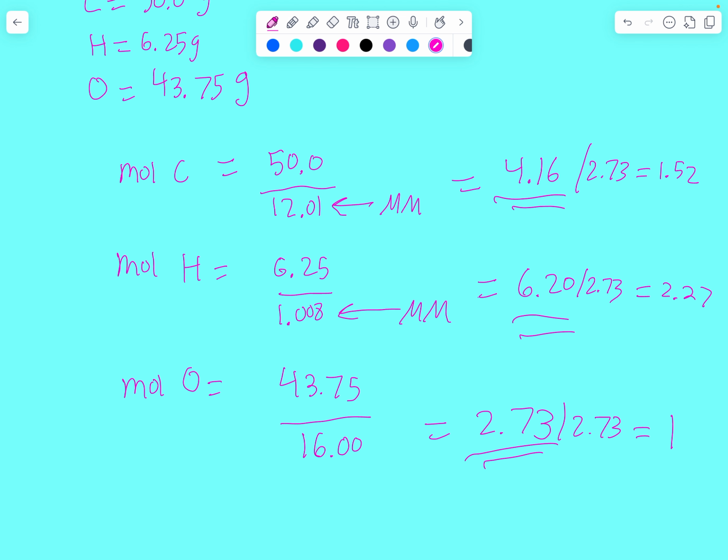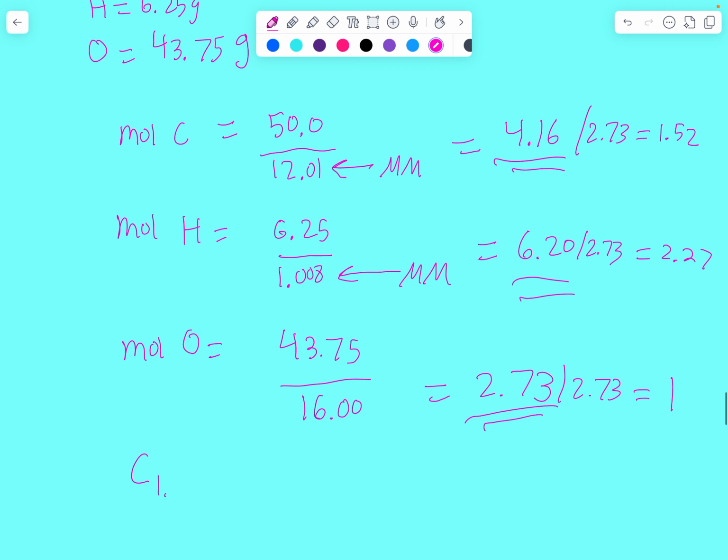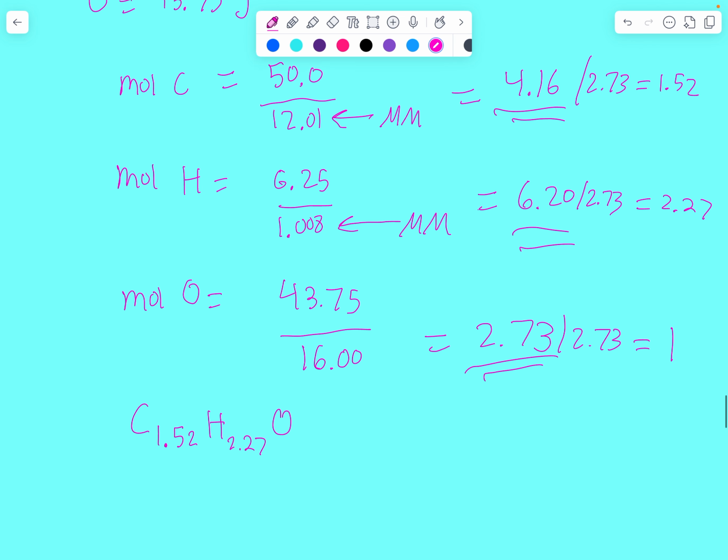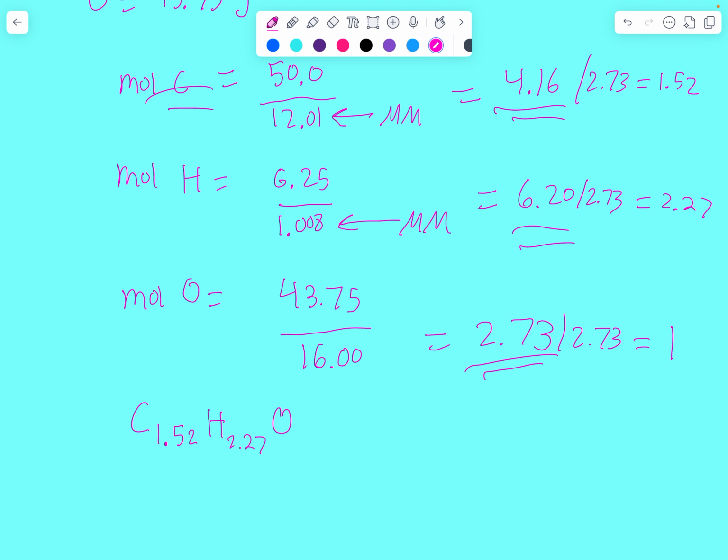Let me write it out so you guys know what you're really up against. I'm not going to write the 1. So this is what we have, right? C 1.52, H 2.27, O 1. Ask yourself, what can I multiply these by, or everything by specifically, to get rid of these weird funky decimals, right?